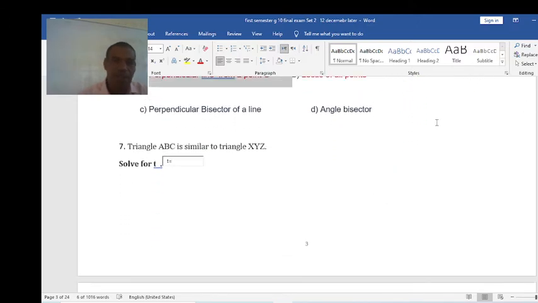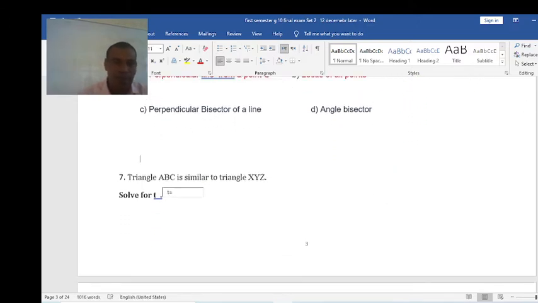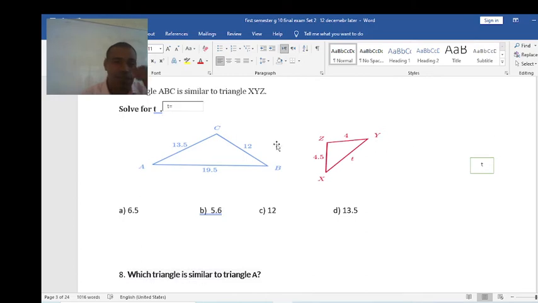Here we have a triangle. Triangle ABC is similar to triangle XYZ. You see? So triangle ABC is similar to XYZ, not XZY.